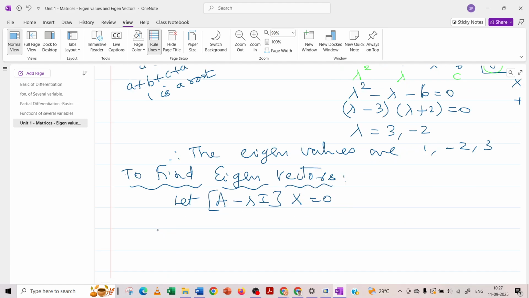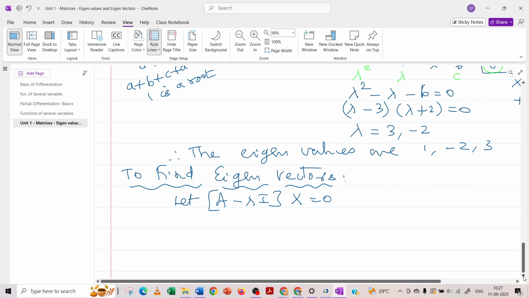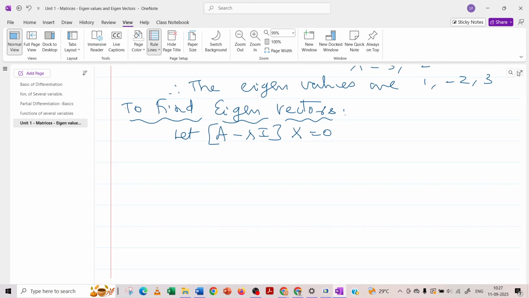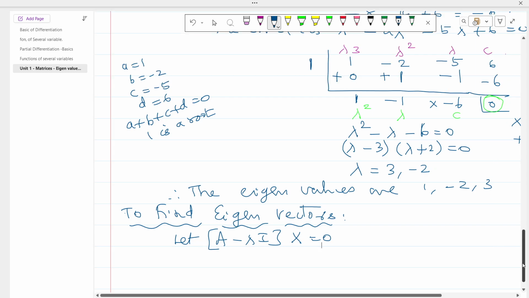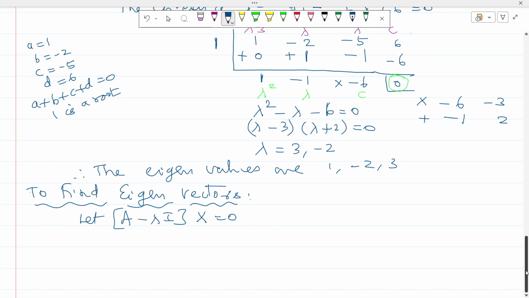So to find the eigenvectors, A minus lambda I into x equal to 0, how can we write this? You have to just subtract lambda in the diagonal of the matrix. What is given here? Once again write A equal to 2, minus 2, 3, 1, 1, 1, and then 1, 3, minus 1.